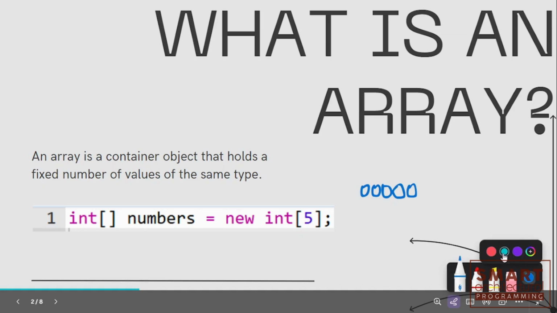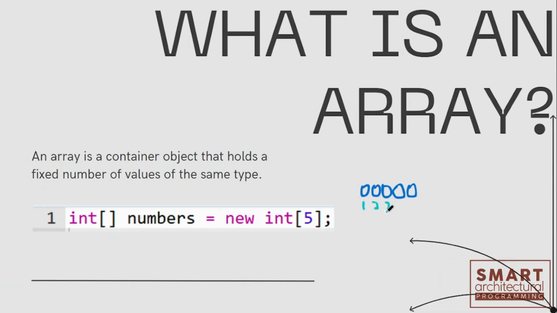Let's change the color to cyan. So we can have 1, 2, 3, 4, and 5. So we have these values over here. The 5 is a little messy, but I think the message comes across. So each chair has a number and a spot in this position, and that's exactly how an array works.